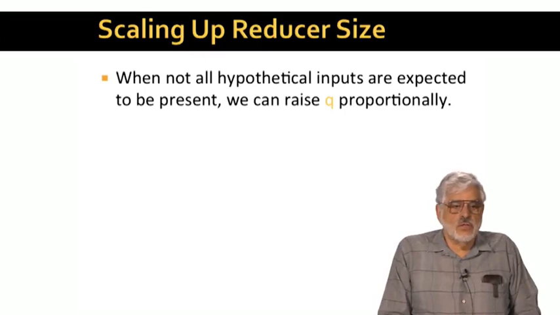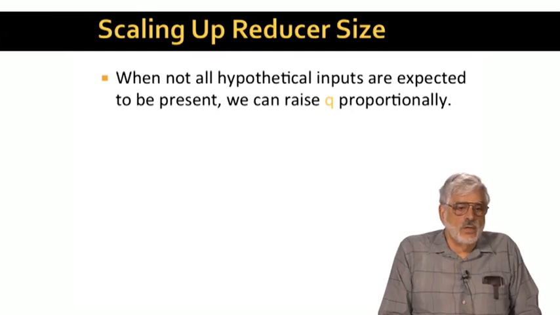That is, the map function must be designed to generate certain key-value pairs, knowing only that its one input exists. We don't know in advance which inputs will be present. However, if we know what fraction of all possible inputs will be present, we can use a value of reducer size that is larger than we want the actual number of inputs to a reducer to be.